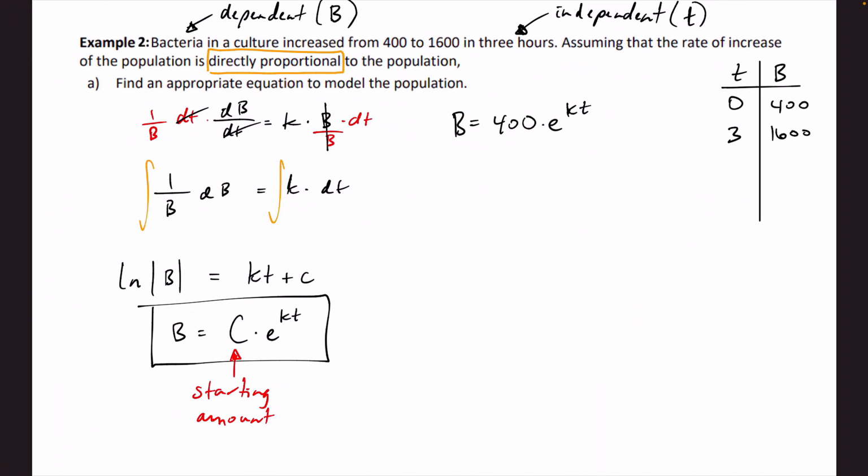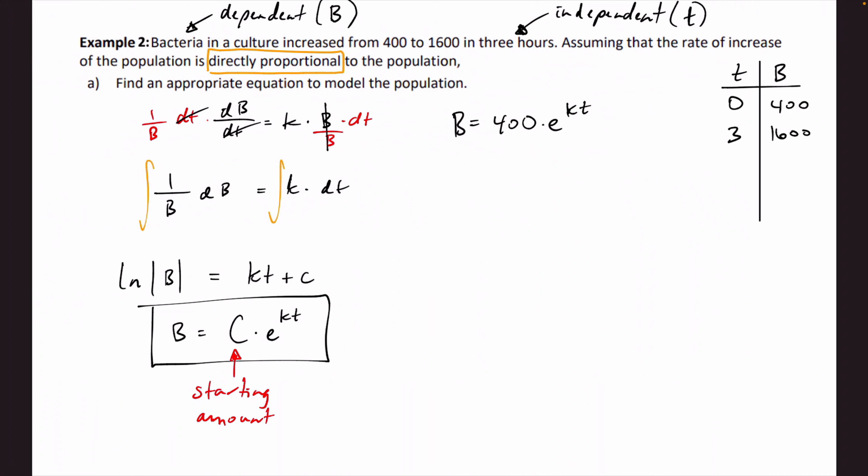So we're going to use what we know. At time 0, there was 400 bacteria. And at time 3 hours, there was 1,600 bacteria. My model has to equal that.